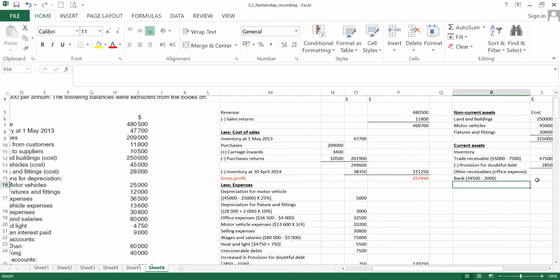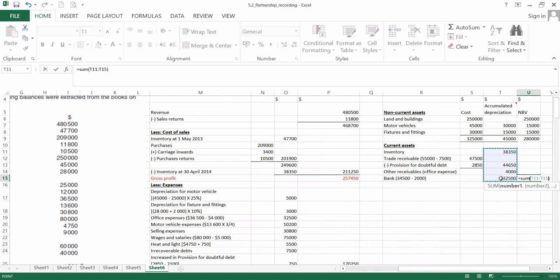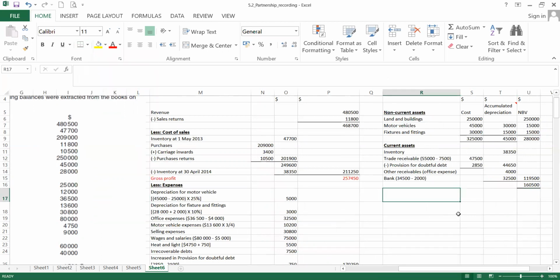All this working, try to show beside your detail. We get 32,500. So now we add the subtotal. Take this minus this, so we get 165. Okay, this is our total asset.